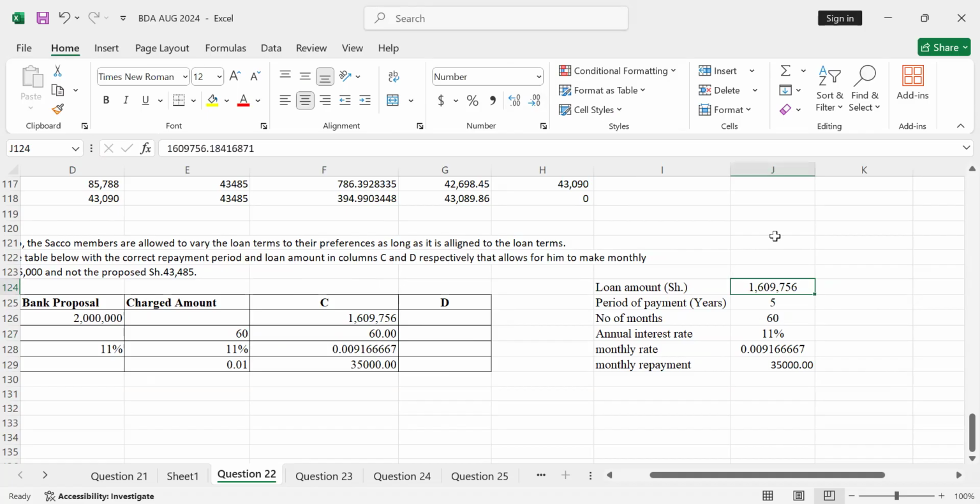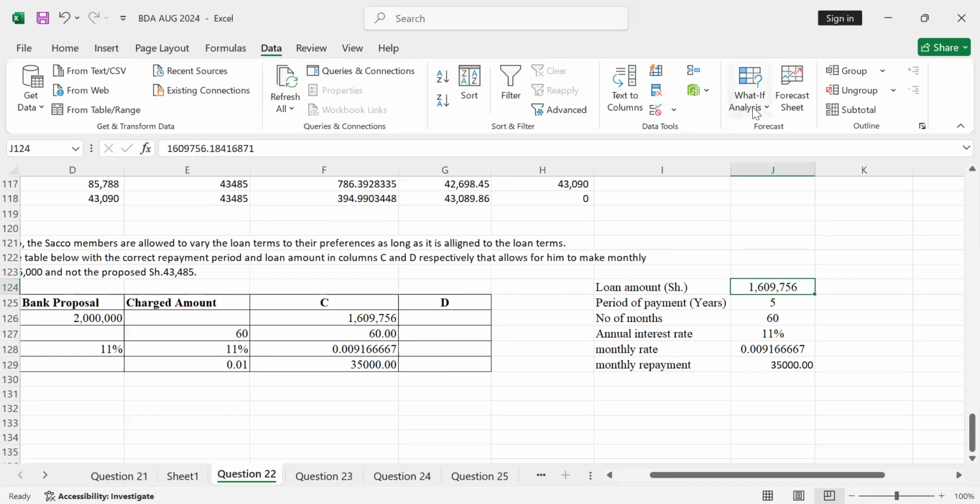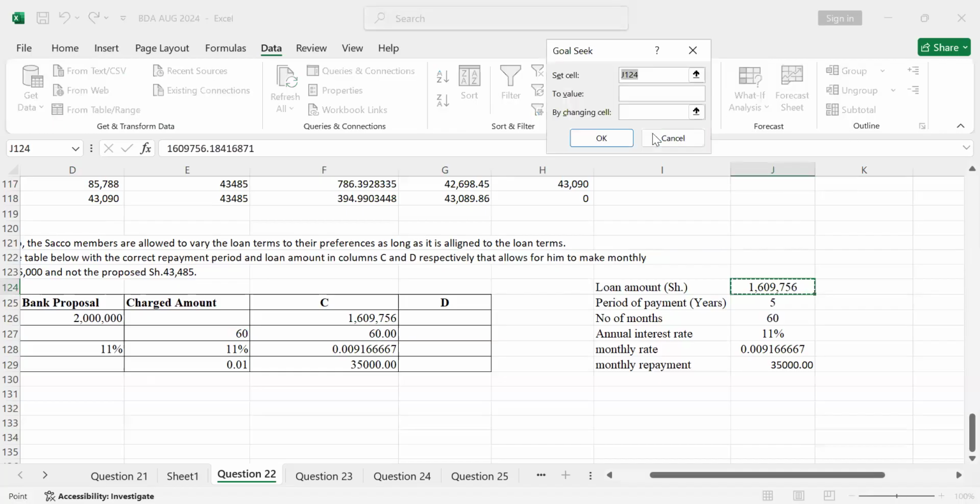I will also go to Goal Seek, What-if Analysis, Goal Seek here. Now what I want to change here is the dates. The amount, sorry, I want the amounts. This one should return to the original value. Let me first return them to the original value before I do the change.